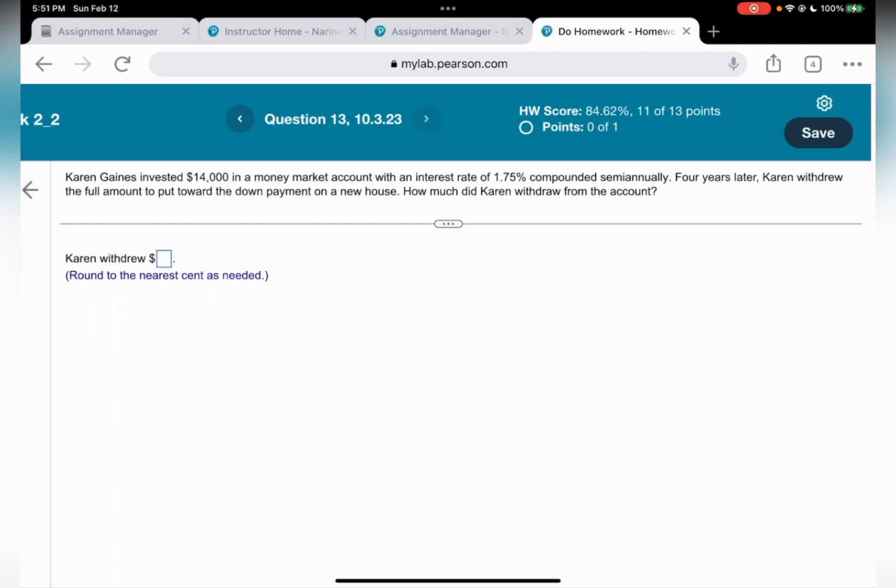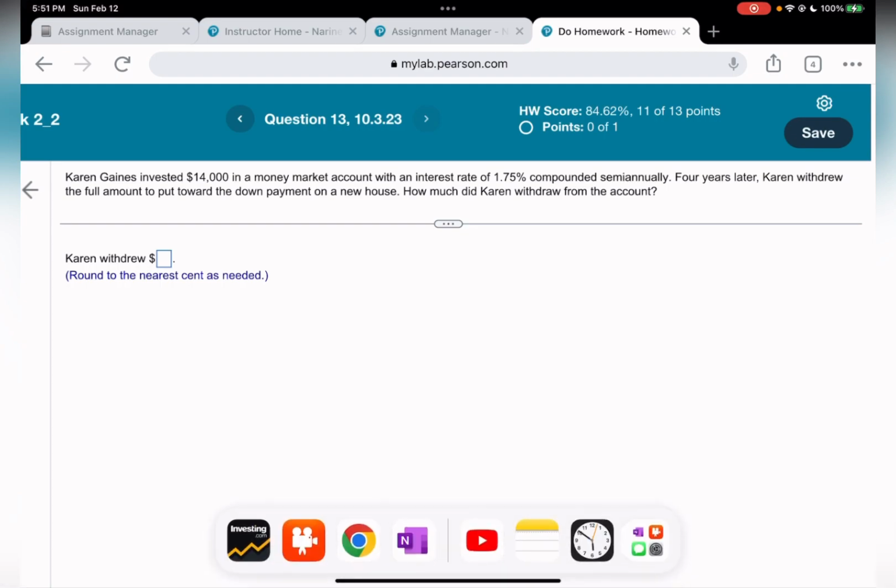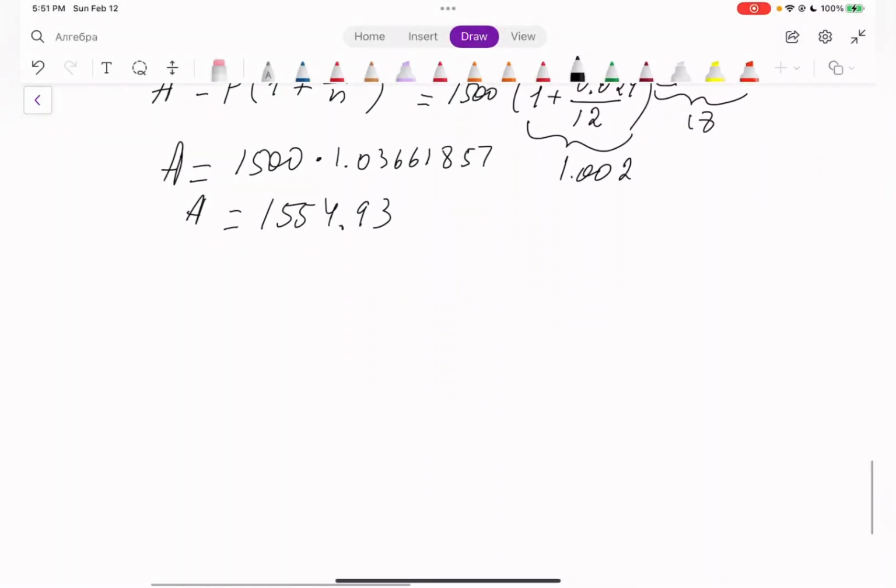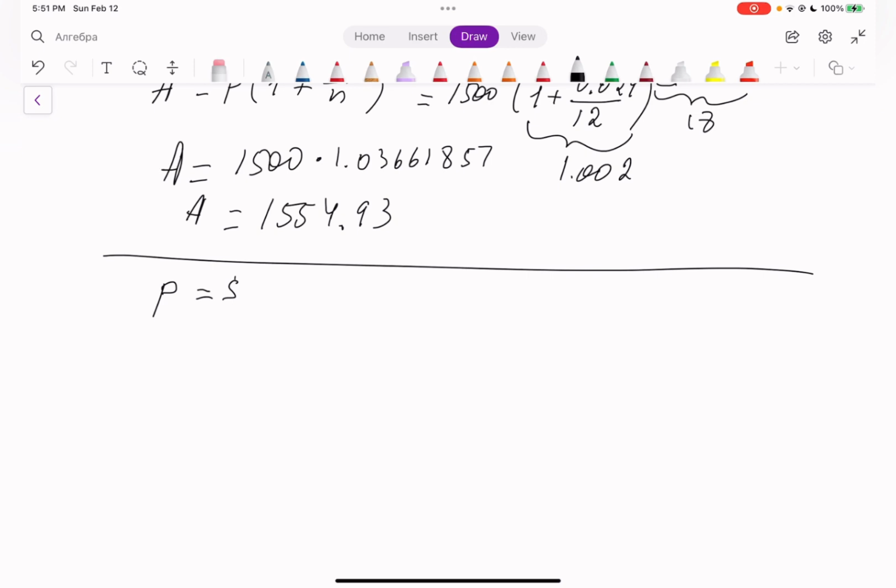So let's write down. Our principal is, we invested 14,000. Okay, with interest 1.75%.